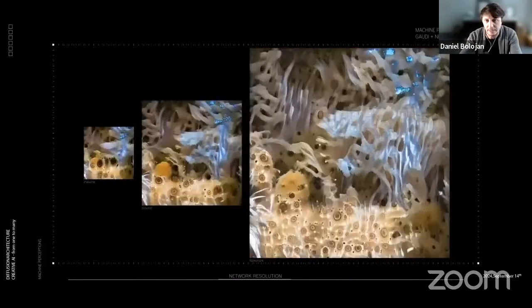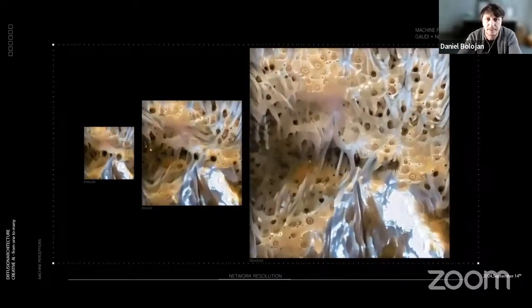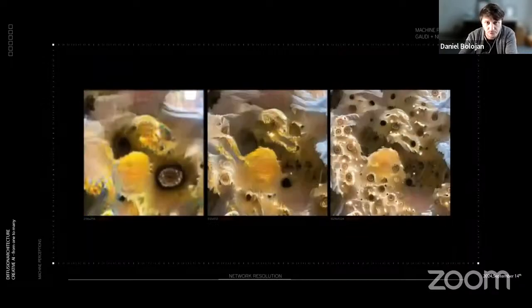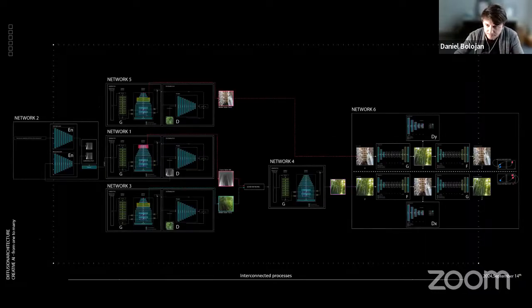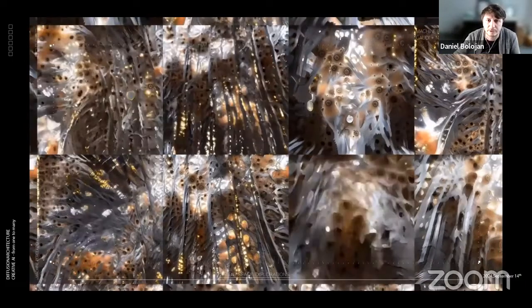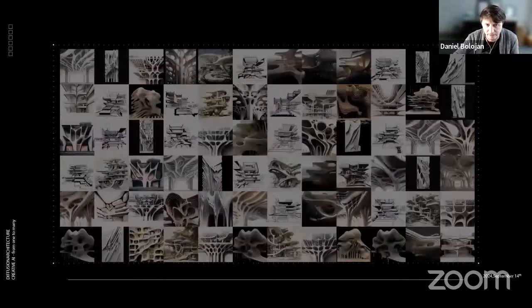So I have to break down the problem into sub-problems and think about which is the proper method, tool, or network to use to address each of those problems. Because some of the problems have a more general aspect, other problems are more specific. So how do you do that? Here in this case, I have multiple networks that try to approach that.